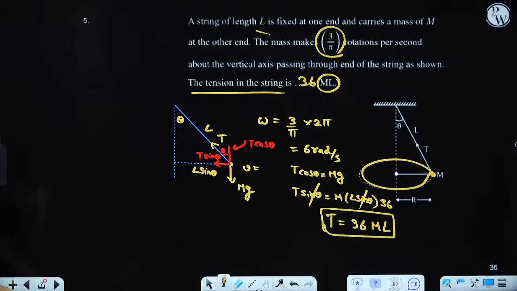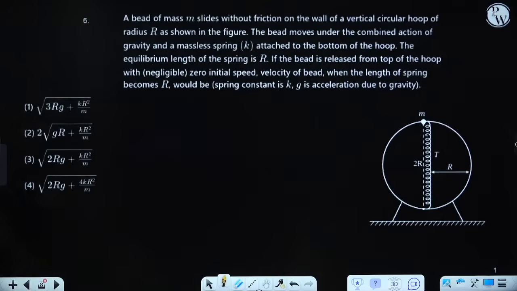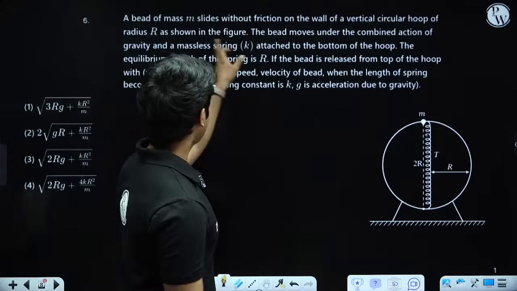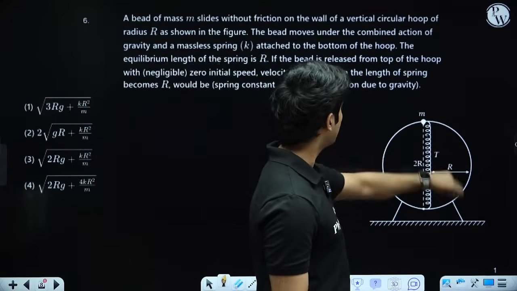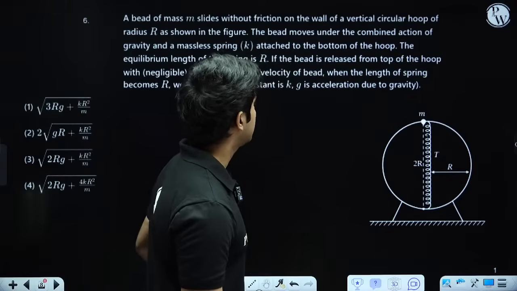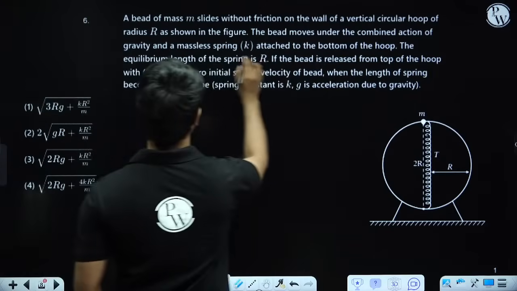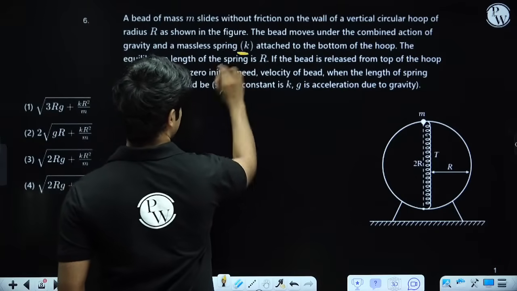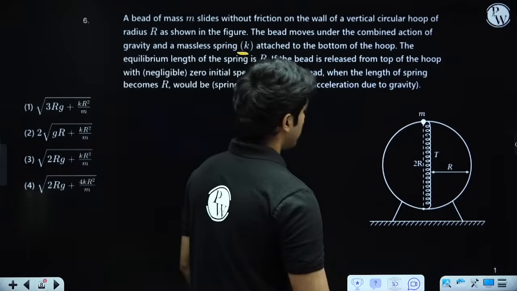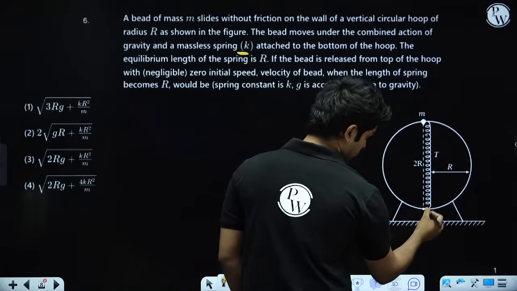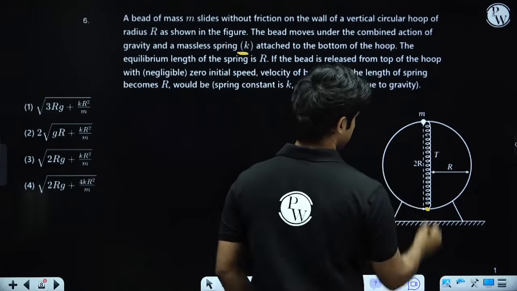All right. Moving on. So next question, mass m slides without friction on the wall of a vertical circular hoop of radius r. The bead moves under the combined action of gravity and a massless spring attached to the bottom of the hoop. So the spring is attached over here, it's massless, and it's attached to this mass.